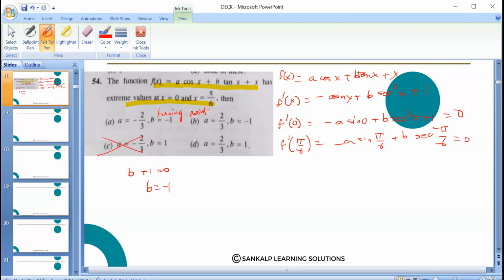So you cancel C and D. Then the second equation, minus a sine pi by 6 is a by 2. B is minus 1.